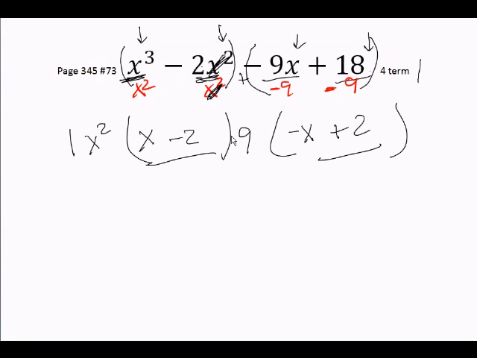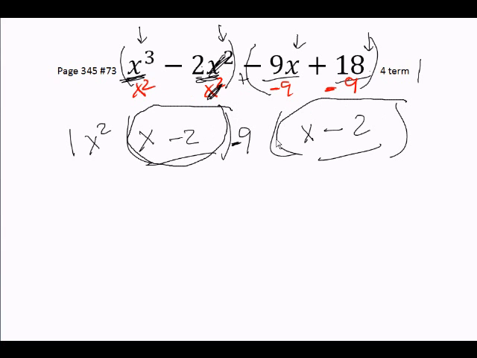So instead of factoring out a 9, I'm going to factor out a -9. Watch what happens. -9 divided by -9 is a positive 1x. 18 divided by -9 is a -2. Do you see how the parentheses now are the same? Factoring 4 terms, the parentheses must be the same.